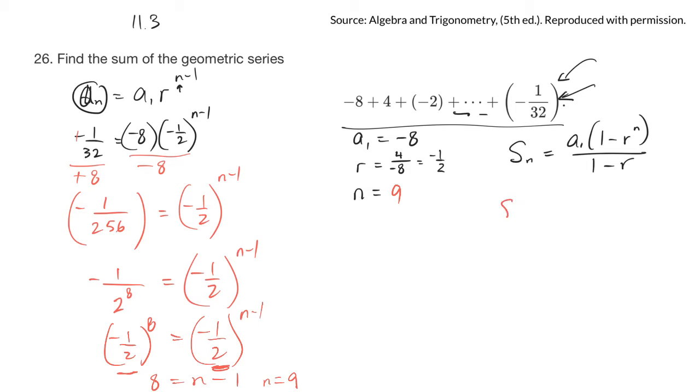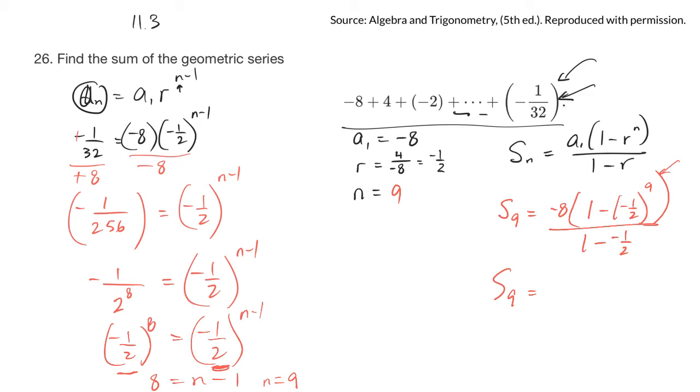Now I plug things into my formula. The sum of 9 is equal to the first term times 1 minus the ratio, negative 1/2, to the 9th, all over 1 minus the ratio, which is a negative 1/2. And then I just plug that in my calculator to figure out what that comes out to. Let me try that. So I'm going to go negative 1/2 to the 9th equals, and then I'm going to go 1 minus that answer, gives me that.